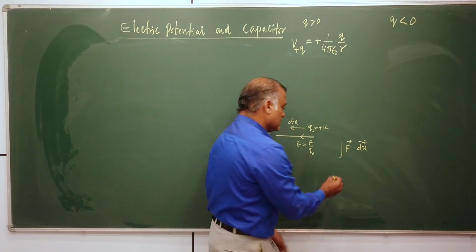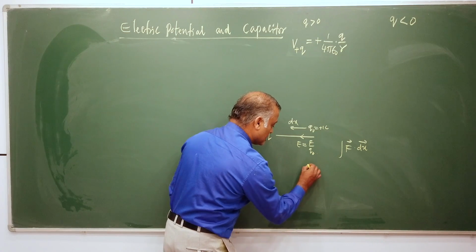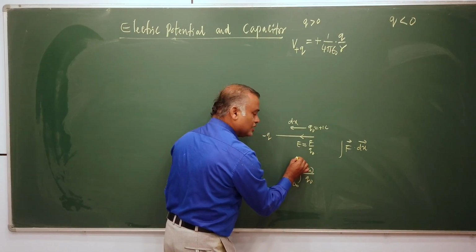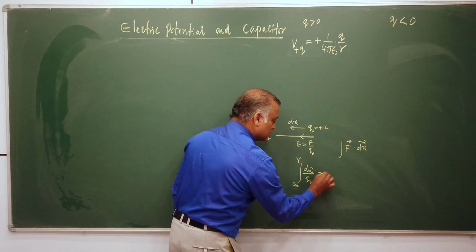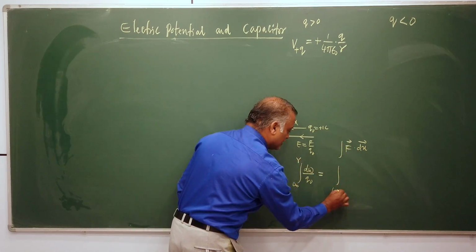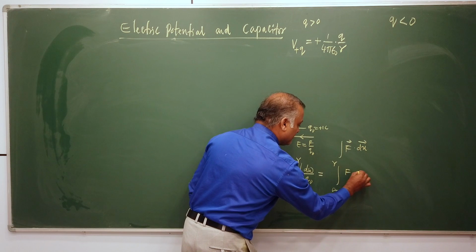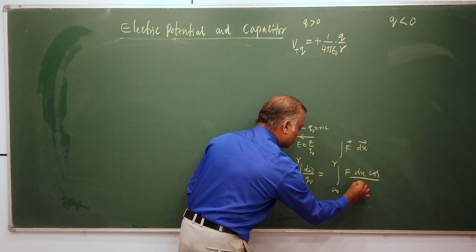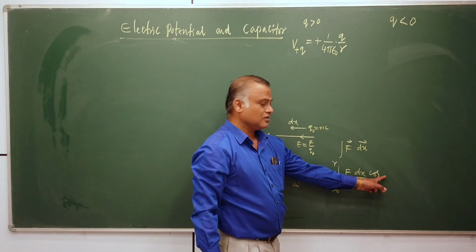If we expand this, we have written: work done per unit charge from infinity to the point under consideration is equal to the integral from infinity to r of F dx cos theta divided by q naught. Here what is theta now? 0.